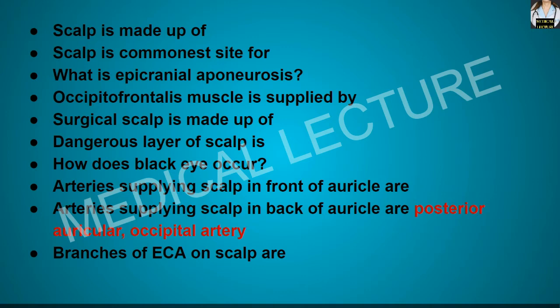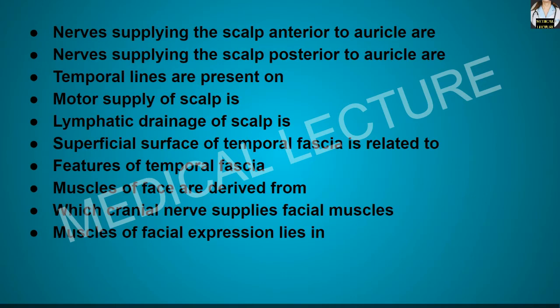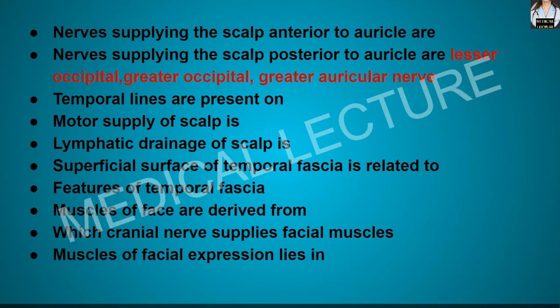Next, the branches of the external carotid artery on the scalp are the occipital, superficial temporal and the posterior auricular arteries. Now next, the nerves supplying the scalp anterior to the auricle are the supratrochlear, supraorbital and the auriculotemporal nerves. Nerves supplying the scalp posterior to the auricle are the lesser occipital, greater occipital and the greater auricular nerve.